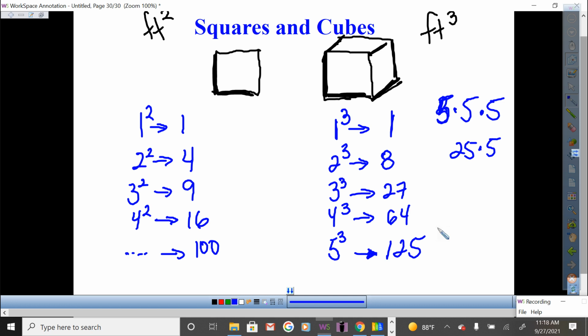Yes? So if I was to ask you to give me a squared number, do you know how to get that squared number? Yes. Okay, share a squared number with your neighbor, please. What would be a number that you are thinking about?